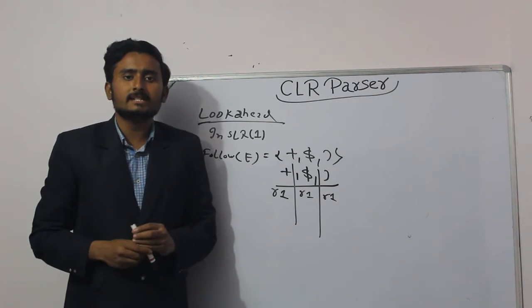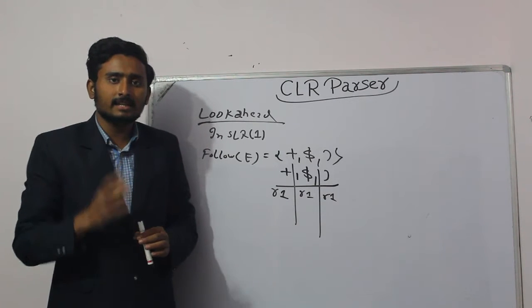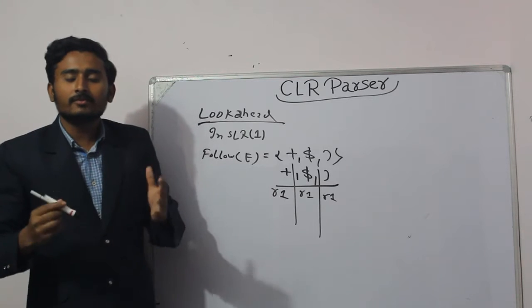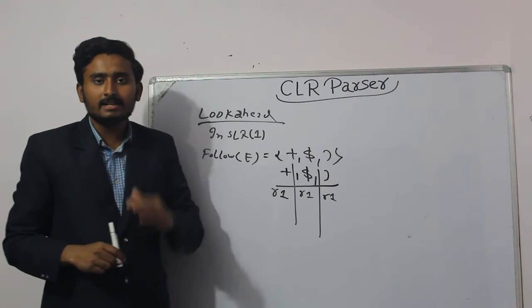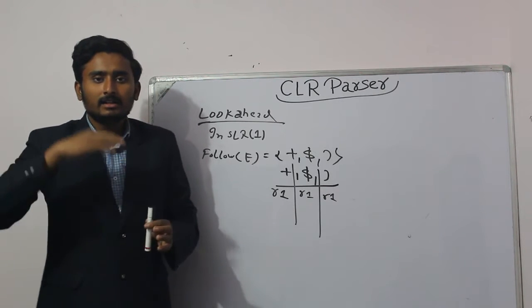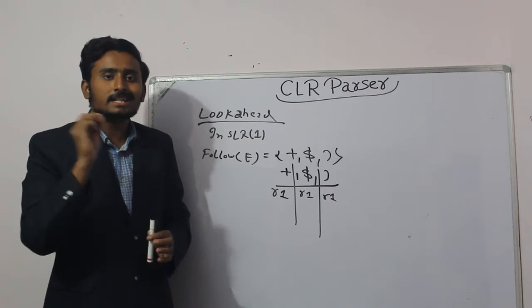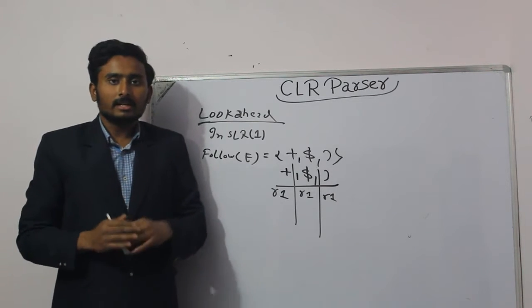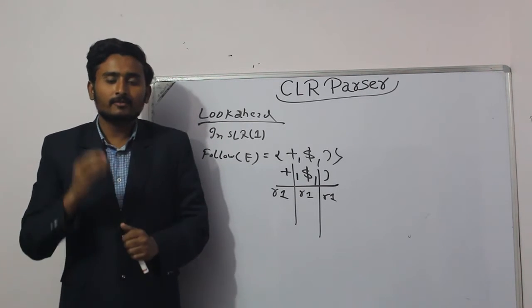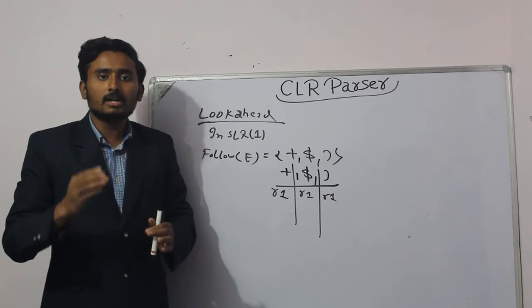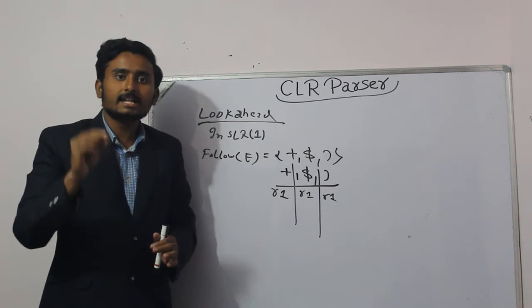The major difference between the SLR parser and the CLR parser is that in the SLR parser we don't use look ahead. Instead we just use the follow of the non-terminal, and do the reduce operation on each element in the follow of that non-terminal. But with look ahead, we involve the look ahead with the state itself.